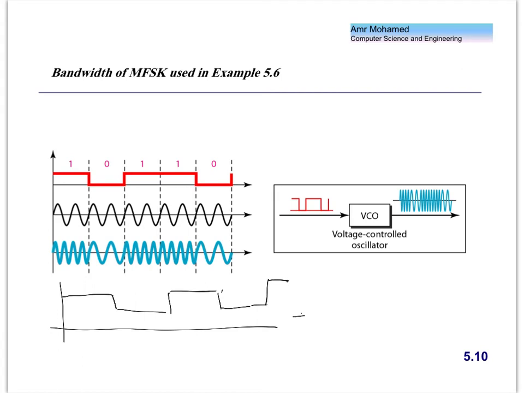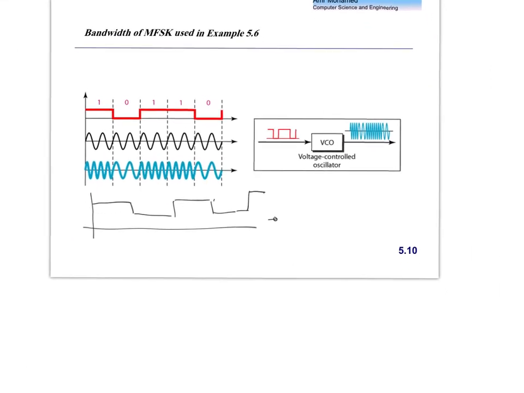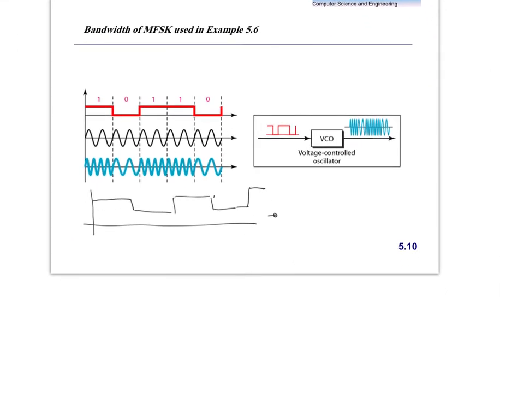And then we feed that to a voltage comparator, or just a circuit that detects whether it's high voltage or low voltage. If it's high voltage, this is the branch for 1. If it's low voltage, this is the branch for 0.